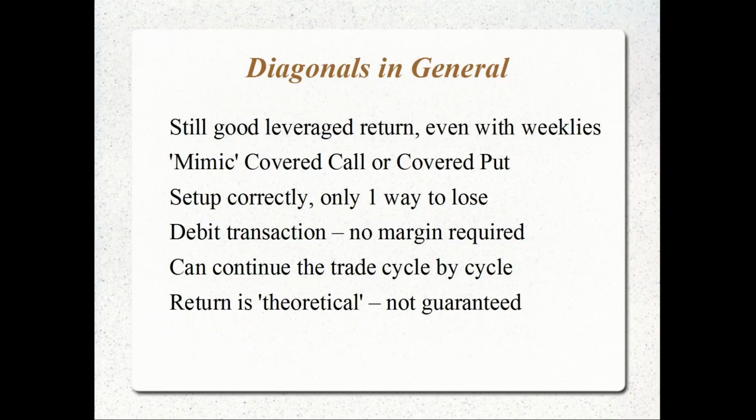The diagonals, buying in the money to have more downside protection in the sense, to keep more of your long option value if the stock falls or the stock moves up in price. Many investors would continue to trade cycle by cycle. And again, the return is theoretical, but in a diagonal you can set up a guaranteed return.